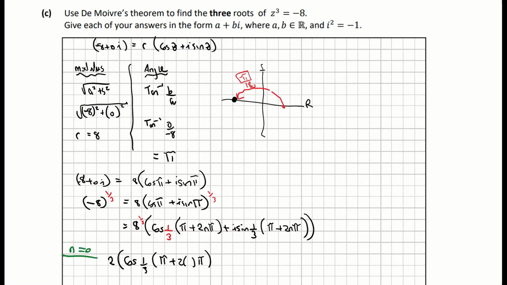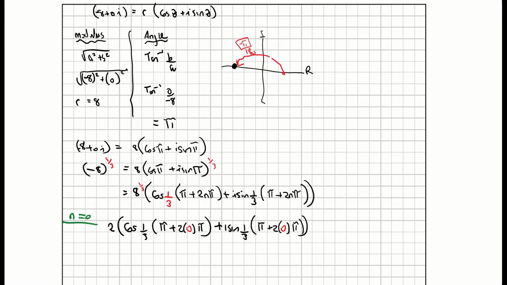Again, that'll just turn out to be 0, but we'll do it nonetheless. Plus i sine 1 over 3 times pi plus 2 times 0. Okay, so when we evaluate that, it's going to work out as 2 multiplied by cos 1/3 pi is coming out as a half on my calculator.